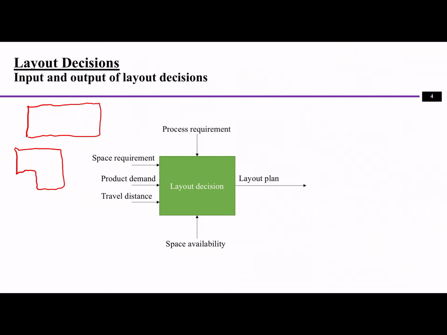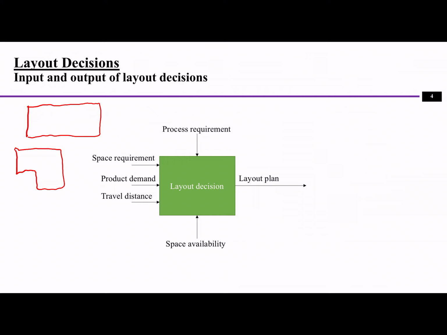Another set of information we need to take care of is the space requirement of all different resources, for example, equipment, labor, offices, and all the other facilities and functions. After we know this information, then you can think about how to fit them into the available space.